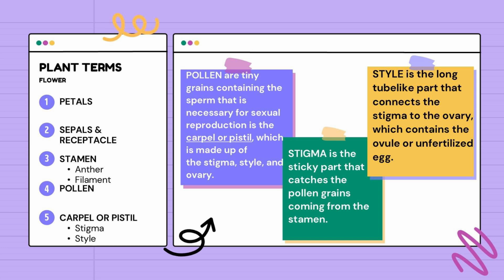Okay? Yung unfertilized egg cell mo na dapat ma-meet ni sperm cell. At yung sperm cell ay ang pollen grains. So, sana maliwanag po tayo. Again, kung hindi mo naintindihan, feel free to replay.